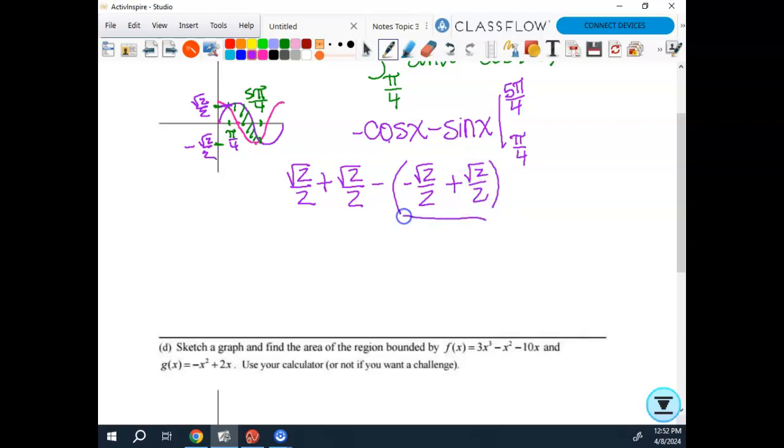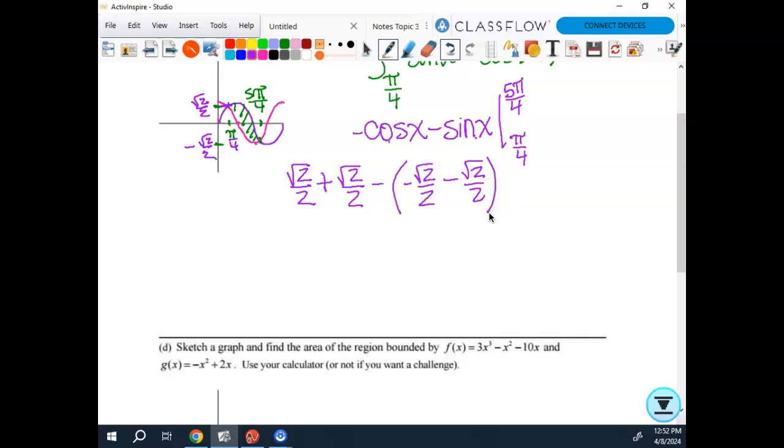So what happens here? Oops. Wait, I did that wrong. What did I do wrong? Oh, I was making it negative twice. That's what I did wrong. I put a minus and then I was like, we got to make it negative. That's square root of 2 over 2, then we make it negative. Okay. I made it negative twice.